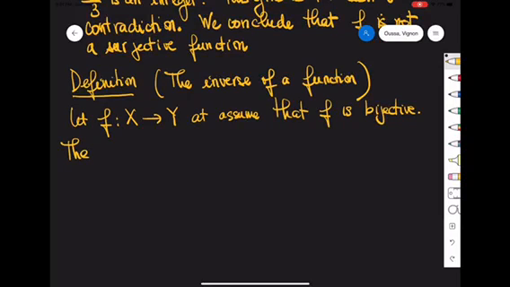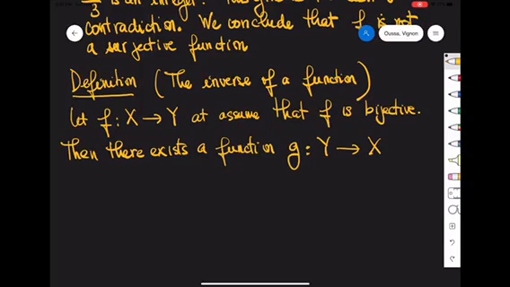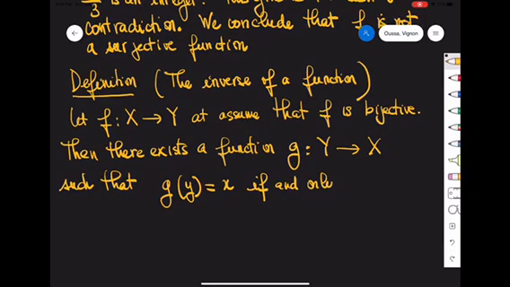Then there exists a function, say g, between Y and X such that g of little y is equal to little x if and only if y is f of x.